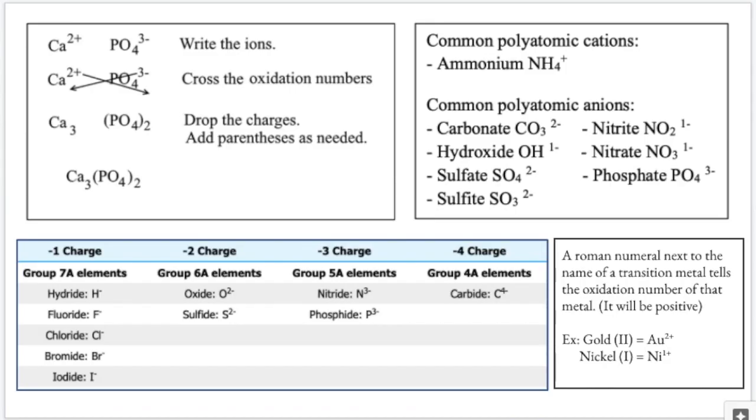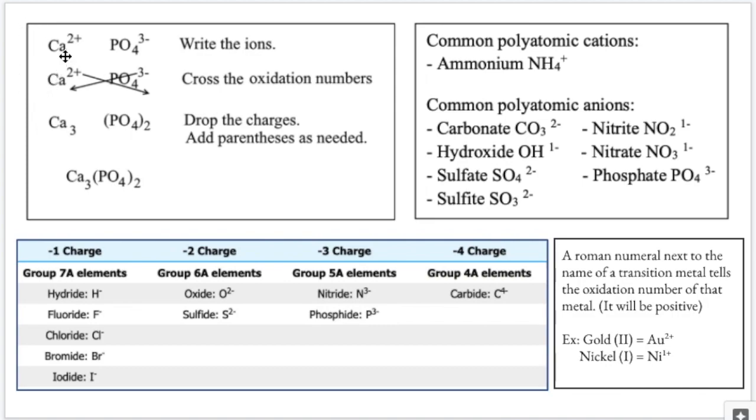On the second page, I have all of your cheat sheets on how to do polyatomic ions and figure out the chemical formula for each of the given compounds. Once again, use the crisscross method because it is much simpler than having to do the Lewis dot structure.